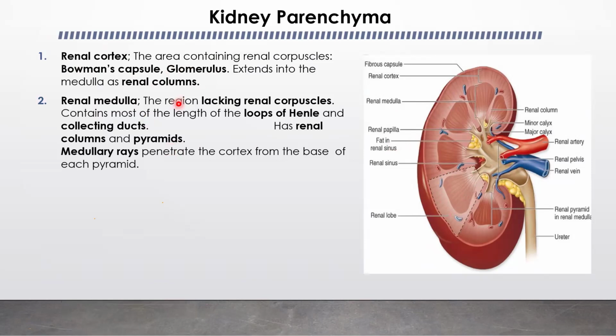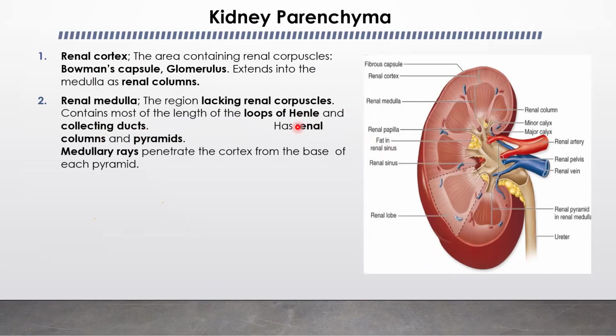Then the remaining part is the renal medulla. This renal medulla is the region lacking renal corpuscles, because the renal corpuscles are found in the renal cortex. In addition, the renal medulla has loops of Henle of different lengths, and collecting ducts.